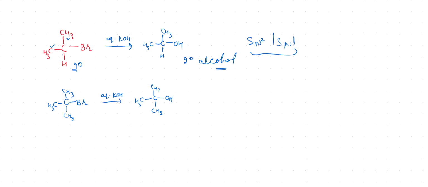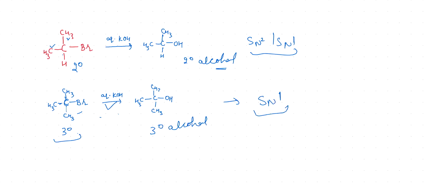Here we are taking a tertiary alkyl halide. In this, the carbon is attached to three alkyl groups. So this is tertiary alkyl bromide. You can also call it tertiary butyl bromide. This is also subjected to undergo reaction with aqueous KOH under the same conditions. So it is forming a tertiary alcohol, but it follows the SN1 mechanism.